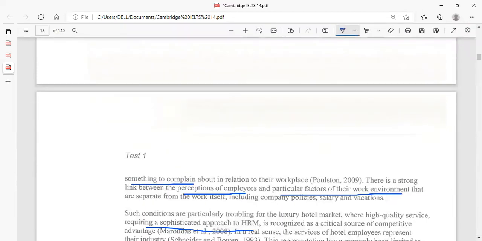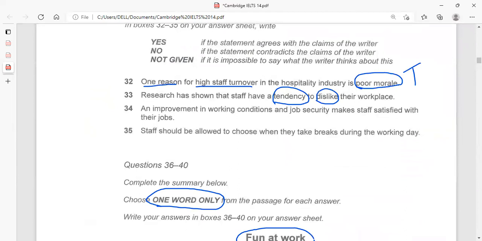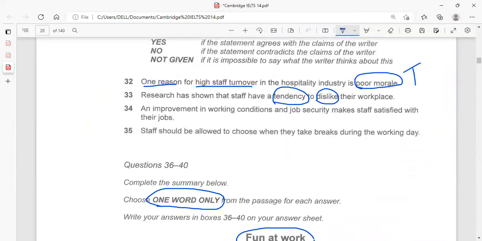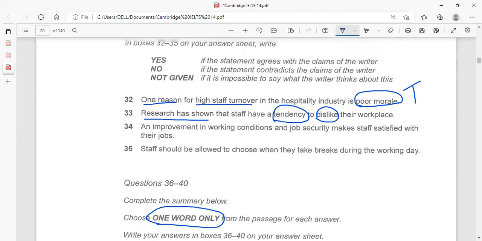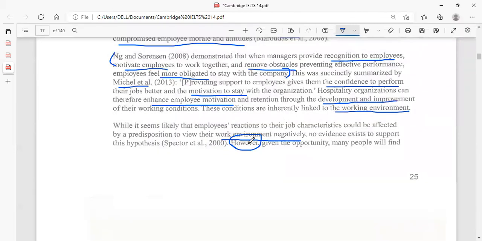So what should be the answer? See, it says that research shows. But in the question, they have mentioned research has shown. But if you look at this para, it says no evidence exists to support this hypothesis.